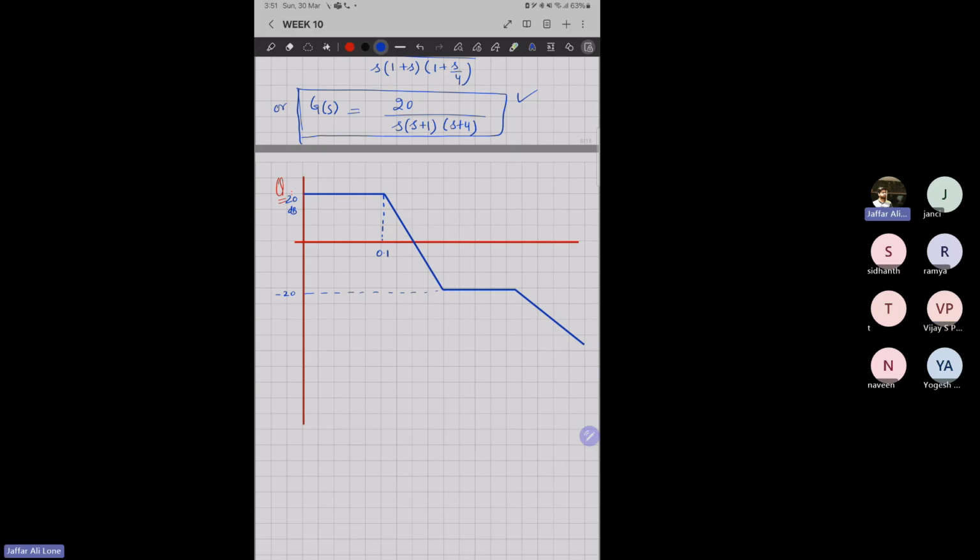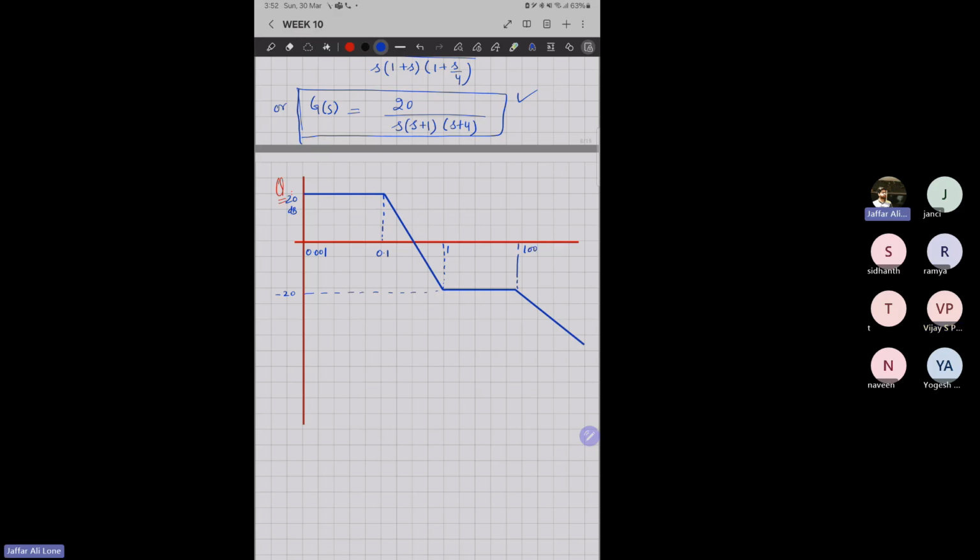This is 0.001. This value is 1. And this value is 100.